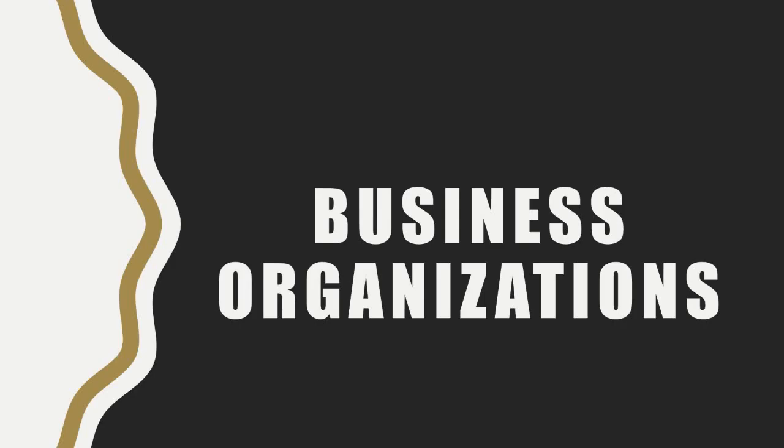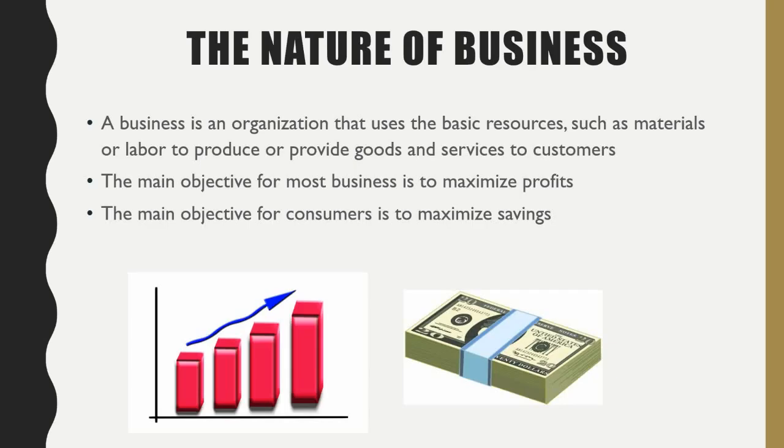So let's go ahead and talk about the different business organizations. First off, let's talk about what is the most crucial point of a business, and we call this the nature of a business, where any kind of business organization has the purpose of getting raw materials and somehow converting them into a product or a service for the general public.